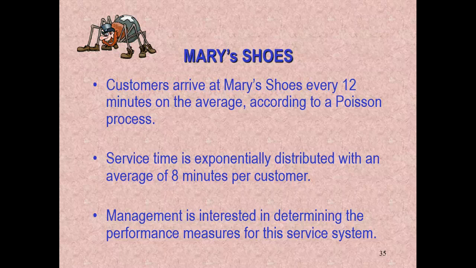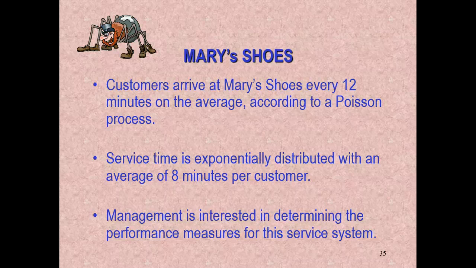Okay, how about my service time? It says service time is exponentially distributed with an average of 8 minutes per customer. We want it as a mu, and we want it per hour, because that's what our arrival rate is in. So I'm going to do the same thing. One customer every 8 minutes means how many every 60 minutes, which is an hour.